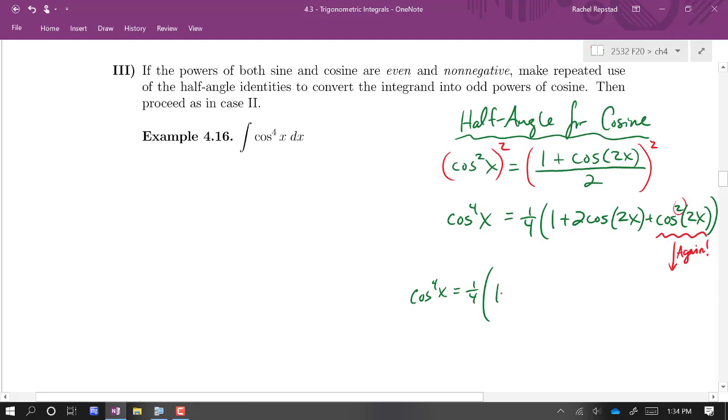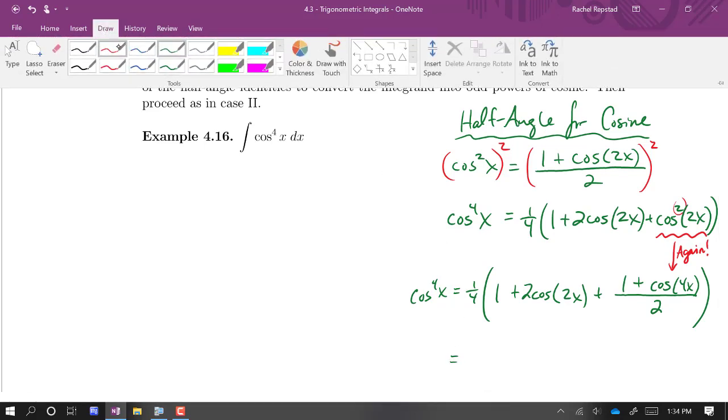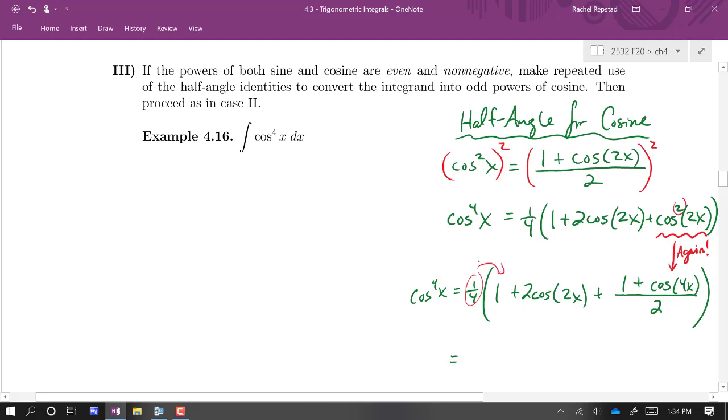So inside the parentheses now, 1 plus 2 cosine 2x plus, and this is a fraction, all over 2. It's 1 plus cosine of double that angle, so cosine of 4x.